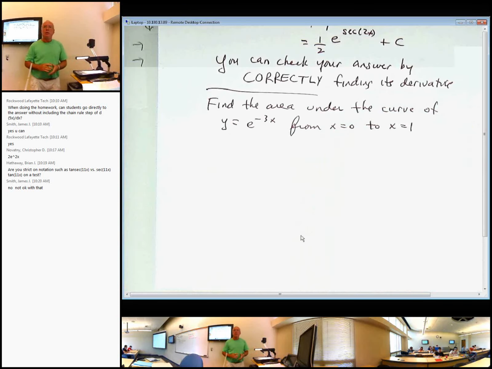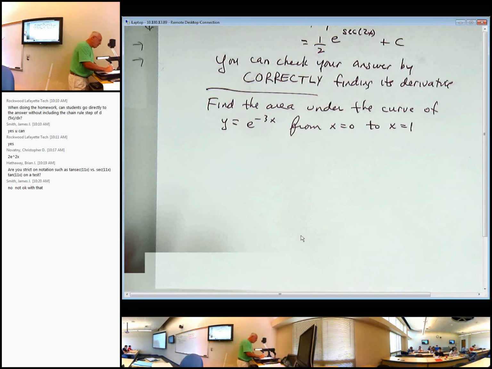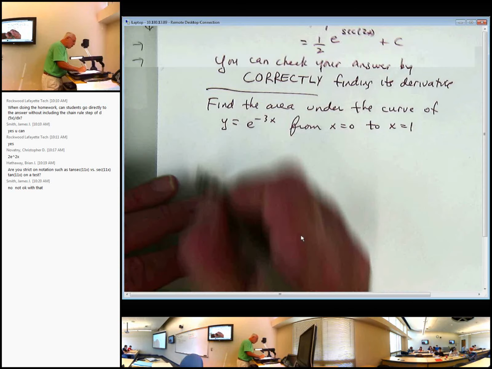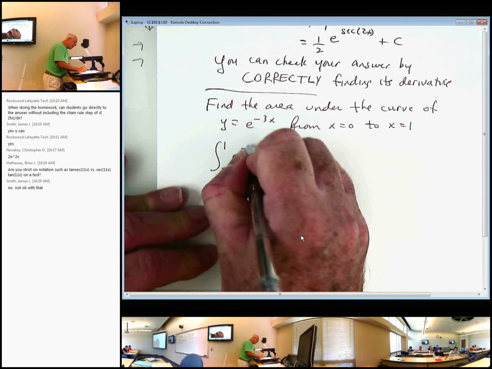All right. Okay, so we know that the area under the curve here is going to be the definite integral from 0 to 1 of our function e to the minus 3x dx.